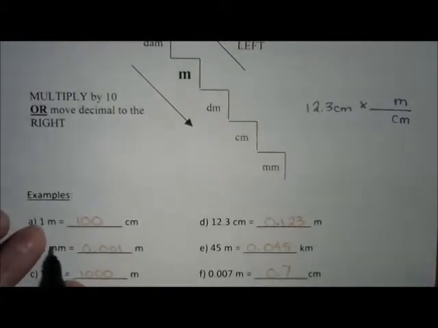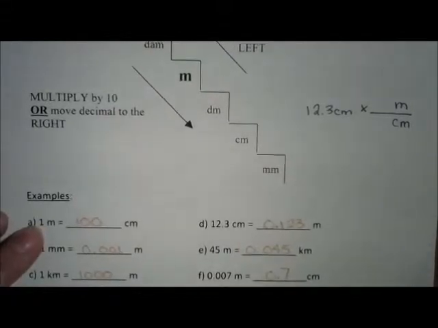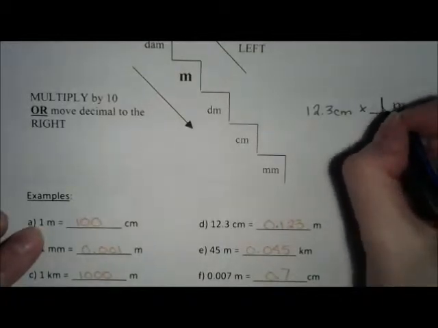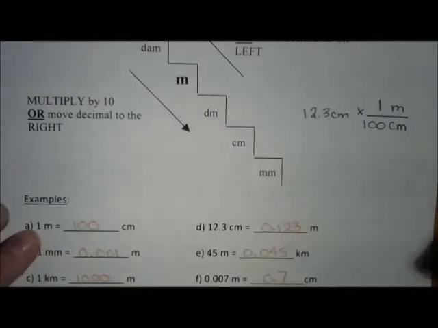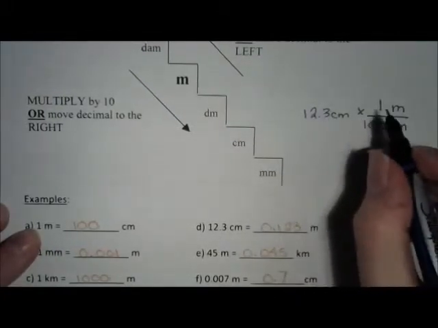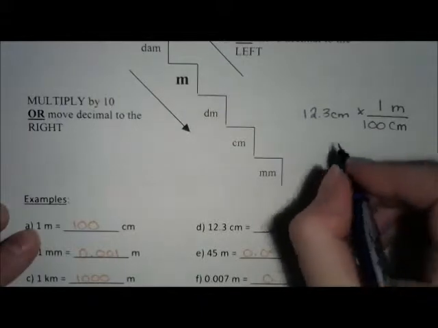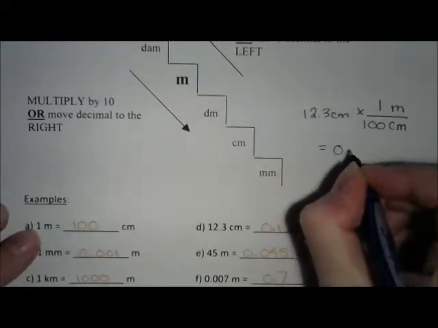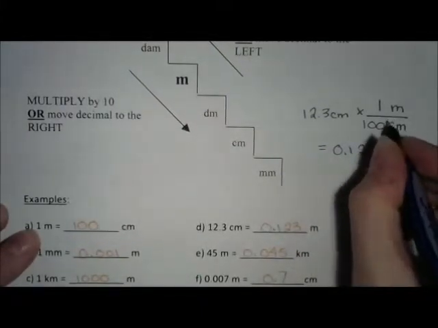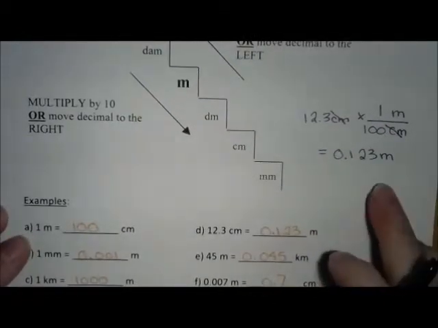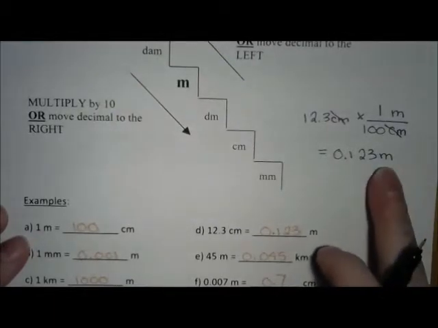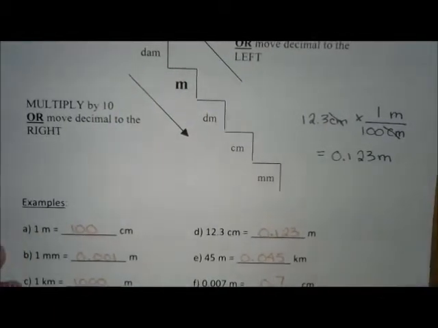For every 1 meter, you have 100 centimeters. Okay. That's a ratio. So I'm going to use that 1 meter for every 100 centimeters. And now I can just calculate this. 12.3 multiplied by 1 divided by 100 gives me 0.123. Centimeters cancels out. Meters. So oftentimes when I do unit conversions in examples and work, this is how I'm going to write it out. It's my standard method.